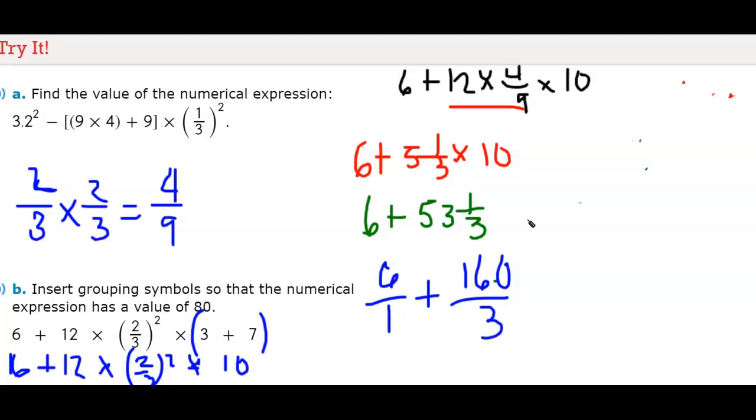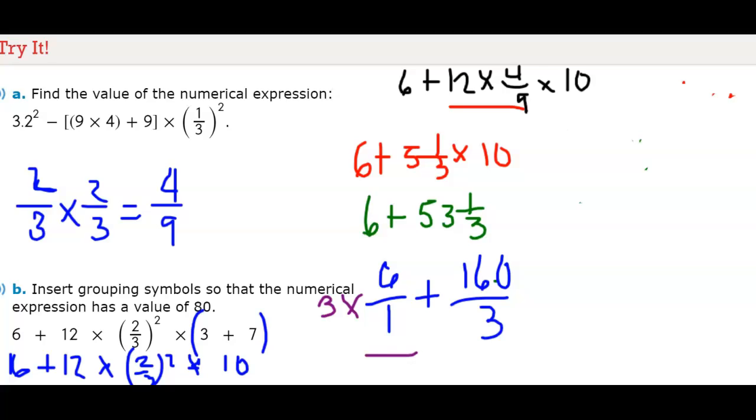And with adding fractions, you must have the same denominator. So for 1 and 3, we need them to be the same. So we can easily make 6 over 1 reflect over 3 by multiplying the denominator and numerator by 3.